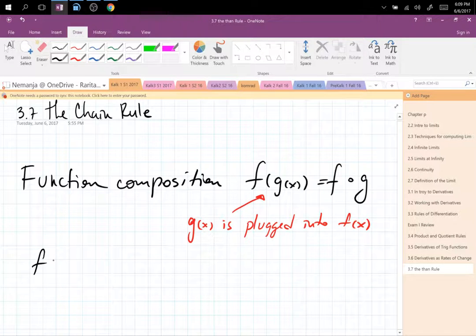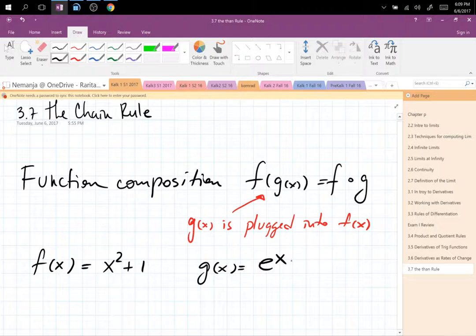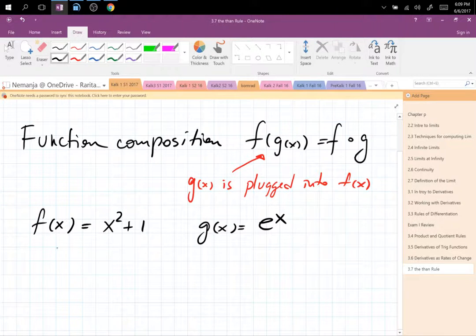So as an example, if I have f of x to be x squared plus 1 and g of x to be, let's say, e to the x, then f of g of x would be g of x squared plus 1.